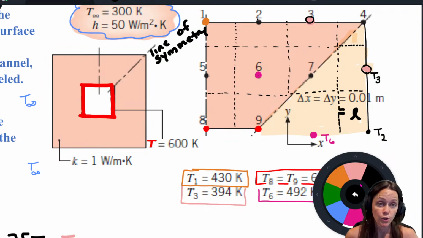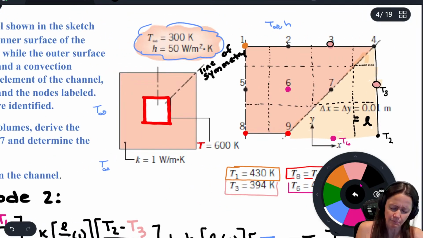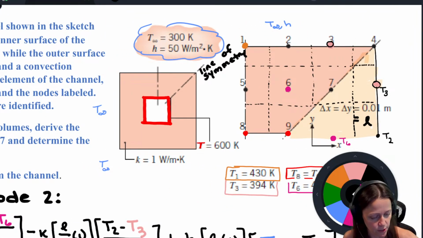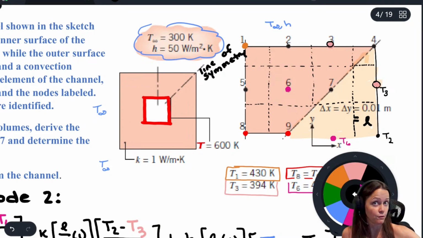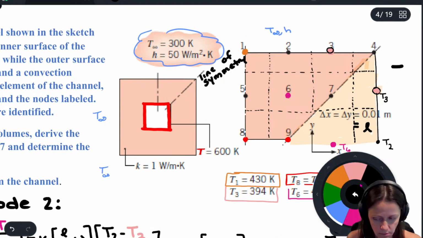All right, so doing an energy balance on node 4 now becomes, I could sort of see what we have to do, because I have convection all along the outside of this channel. Still got T infinity, right?